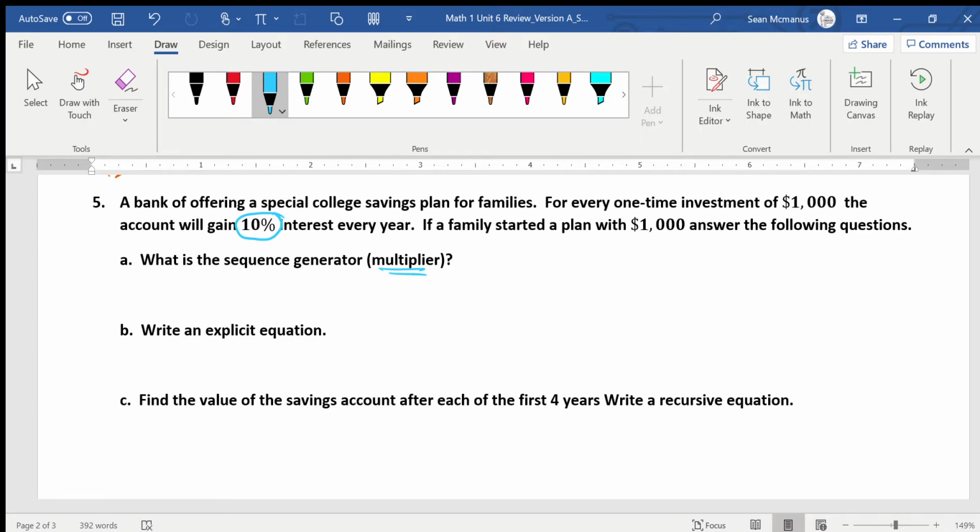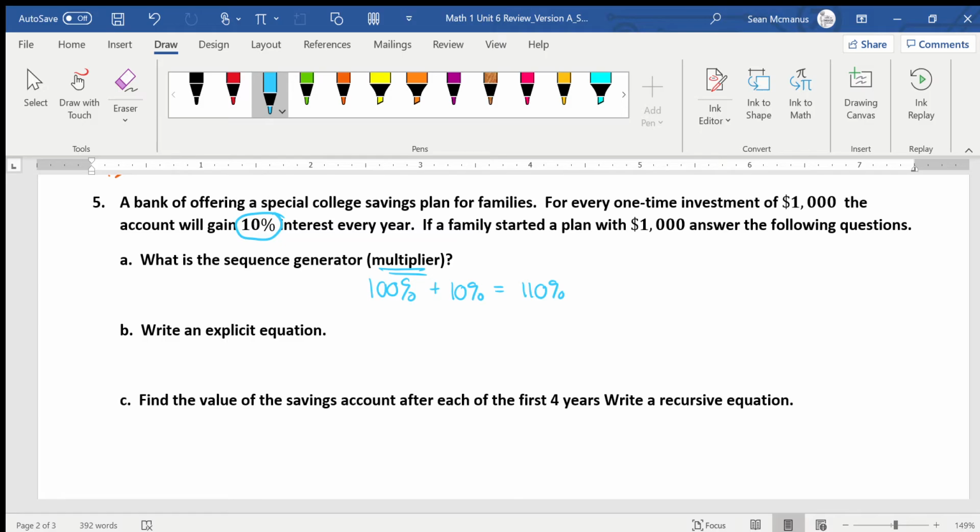If I go to the bank and I hand them over $1,000, 100% of my money, after a year, they're telling me they'll give me 10% interest. That means they're going to return to me 100% of my money, plus they're going to give me interest, which is an additional 10%. So that means after the year, they're going to give me back 110% of my money.